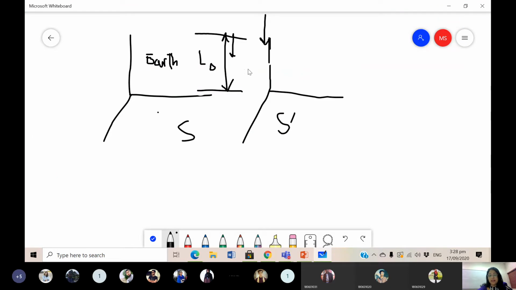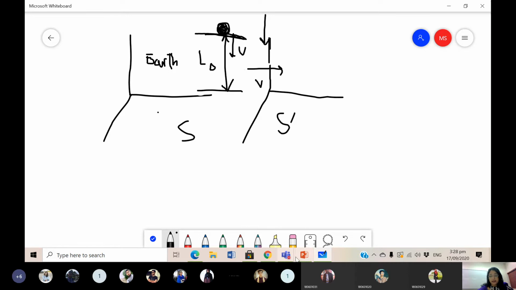Earlier, we were moving in this direction, right? The frame was moving in this direction. Now, if the frame is moving in this direction and we have a distance length L, then this L is going to contract, it will become smaller, as seen by this particle in that frame.